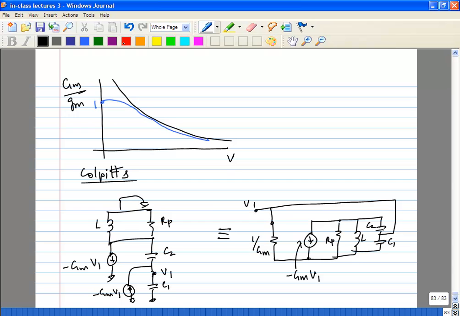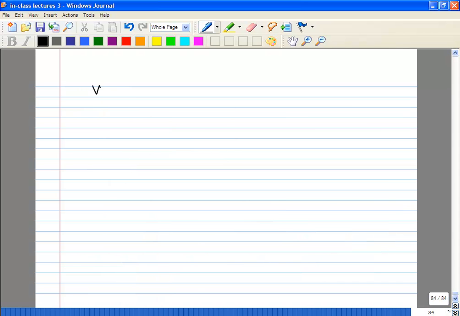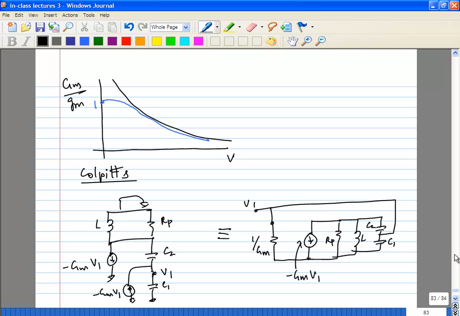It's minus GM V1 connected to V1, and the current is obviously in the opposite direction from what you would expect from an impedance, right? So this is 1 over GM, and then you have the rest of the circuit. And of course, the output of the tank is V out, this point.